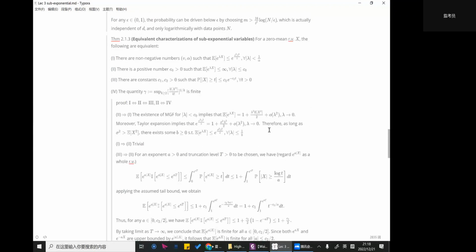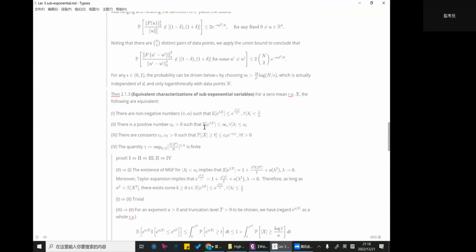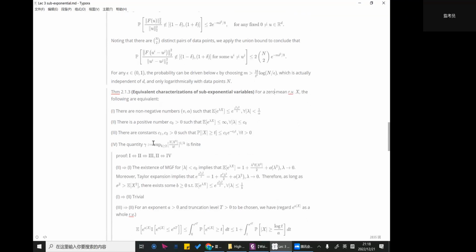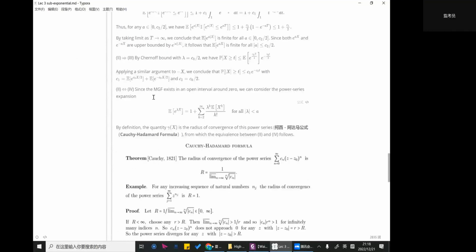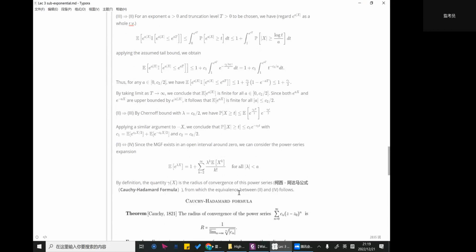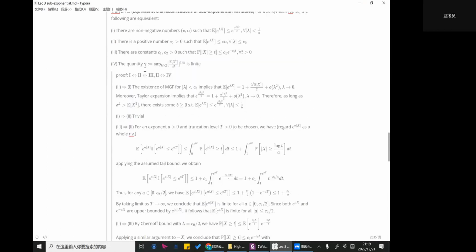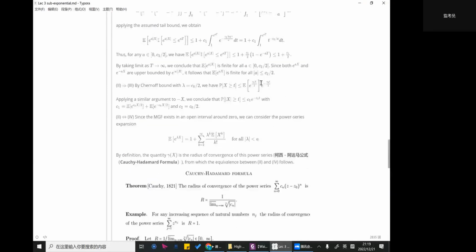So the equivalence of 2 and 4 says that if the expectation of this exponential term is finite, then this quantity must be finite, because we can write it here. The MGF looks like this. So to make sure this is finite, this series converges. So we have to make sure that the radius of convergence of the power series is finite here.